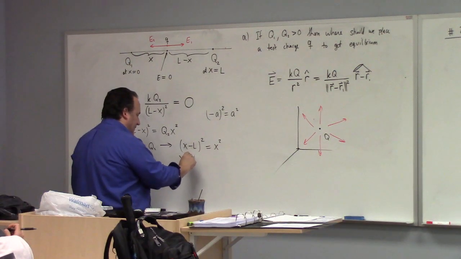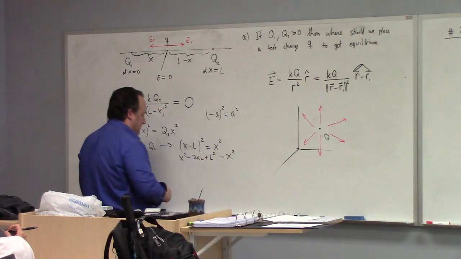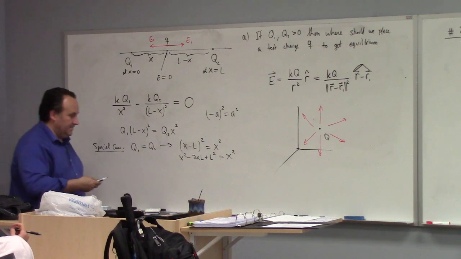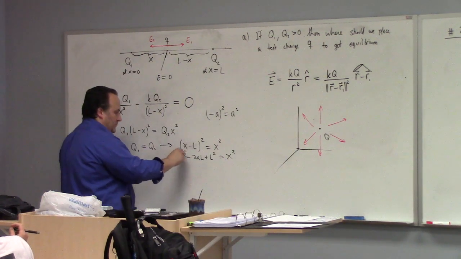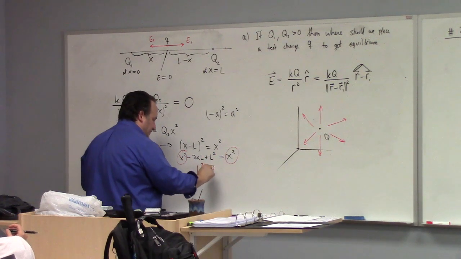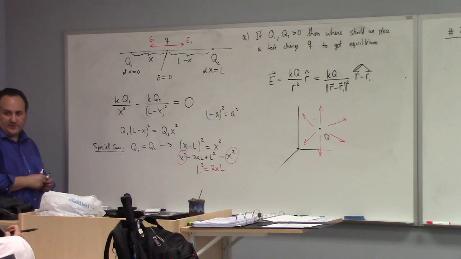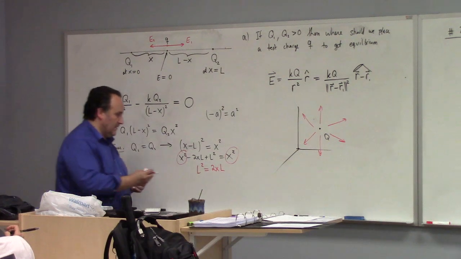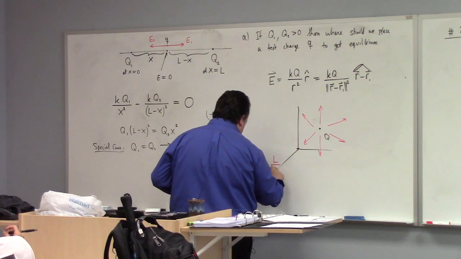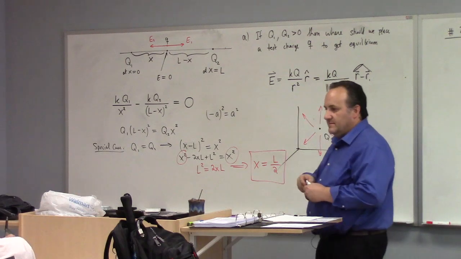That's x squared minus 2xL plus L squared equals x squared. Look at that, the x squareds cancel. It's not really quadratic in this case. So what you've got is L squared equals 2xL. If we divide by 2L, what do we get? Just what your intuition told you, the halfway point.